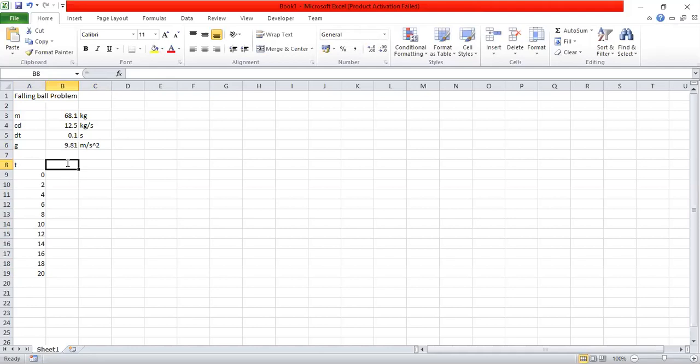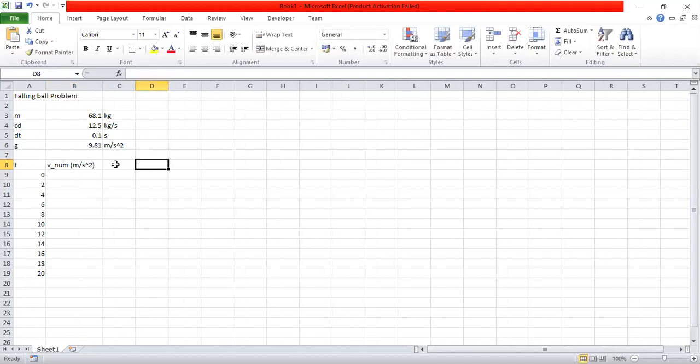Then let me indicate the numerical solution here. So this is the numerical solution of the velocity, in m/s. Let me use this box to indicate the analytical solution, so V analytical.